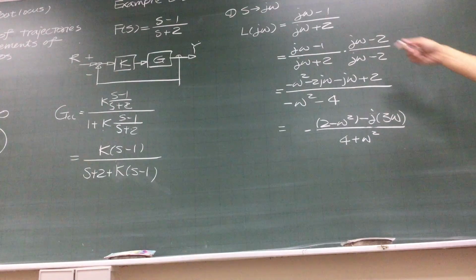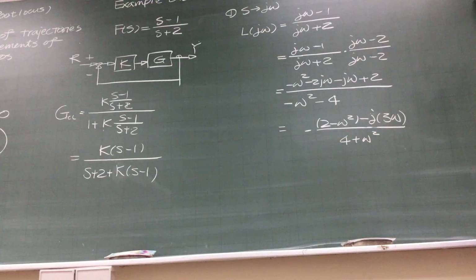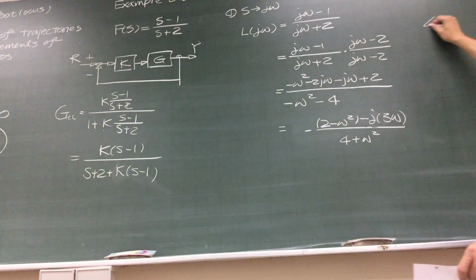Nothing fancy. I'm just taking the absolute value of this part and this part and getting the constant out of the analysis, then I get this absolute value. So this is everything similar to what we have in Bode plot. The only difference is I'm not getting the dB value, I just take the ratio. Second thing is I still need to find the phase.